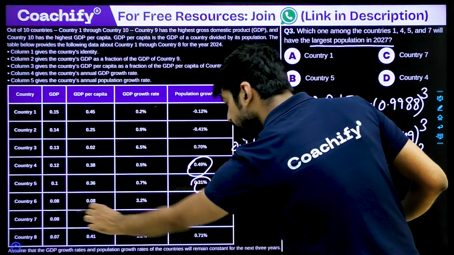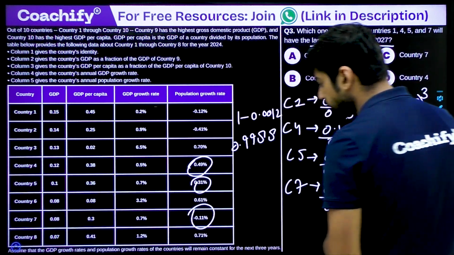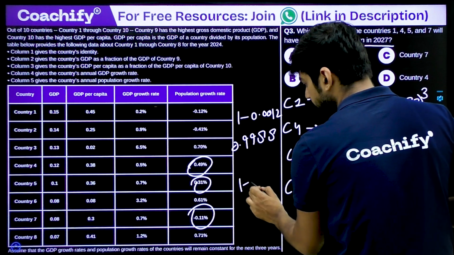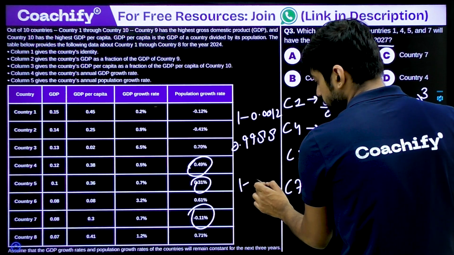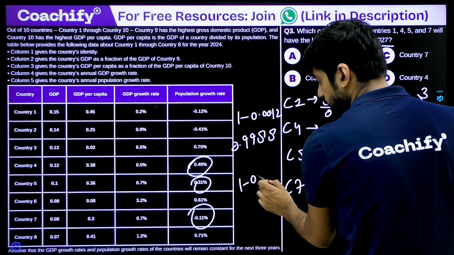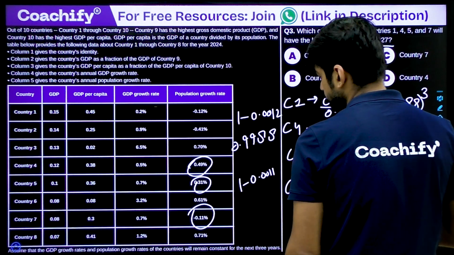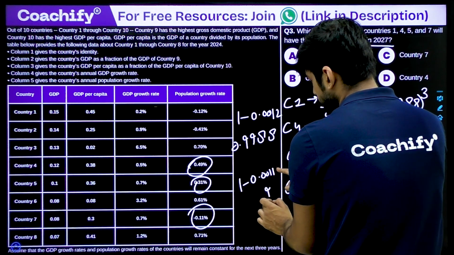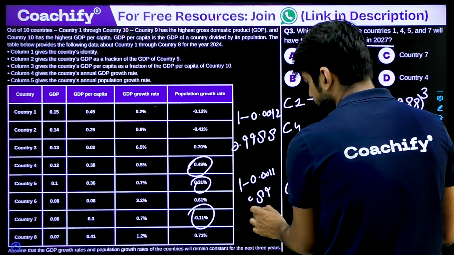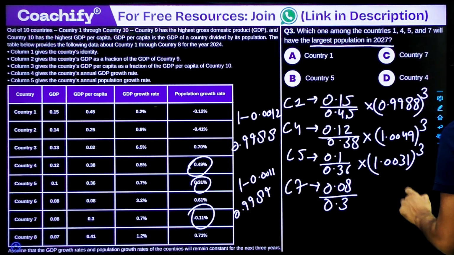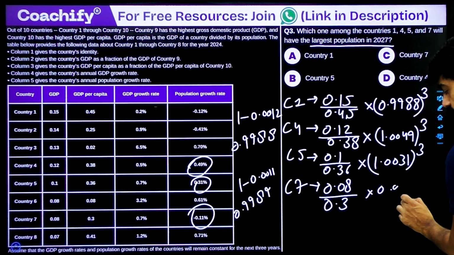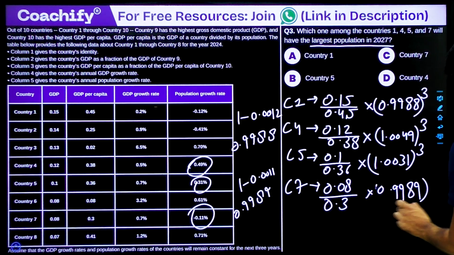And for C7, this is minus 0.11. So again, the same way, 1 minus 0.0011, so 0.9989 to the power 3.